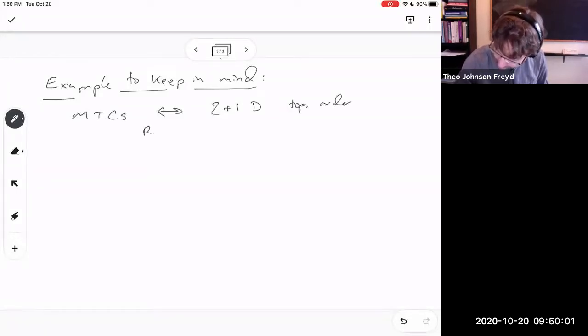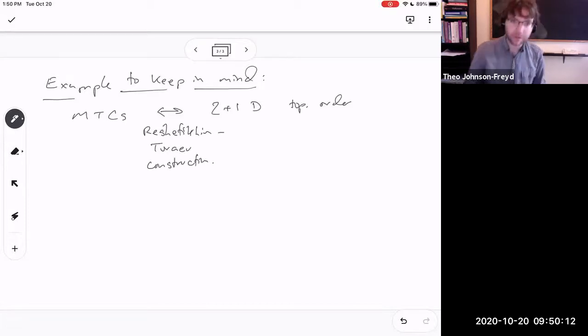So this is basically the Reshetikhin-Turaev construction. If you ever decide to zone out for a moment, that's what I want you to remember about topological orders.